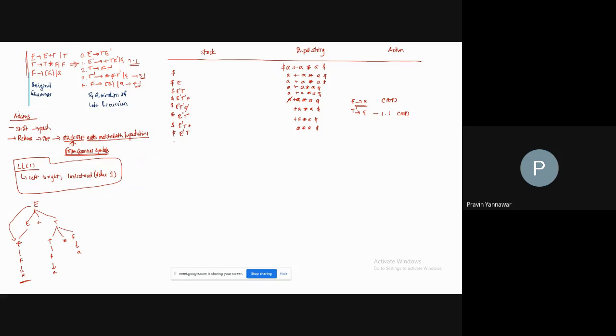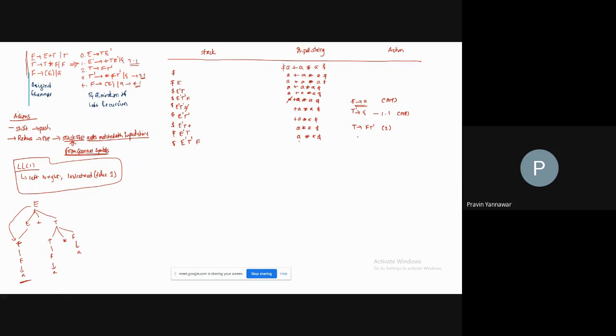So what we need to do is dollar E dash T dash F. So now what is left is this. T is FT dash, which means by production T implies FT dash. So this is nothing but production number 2. We did reduce it. So F is going to be A.